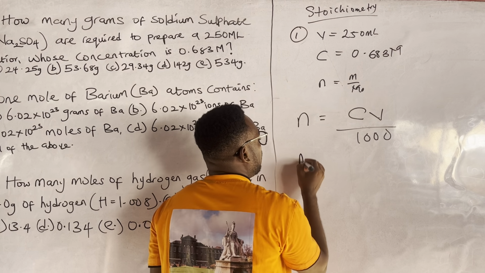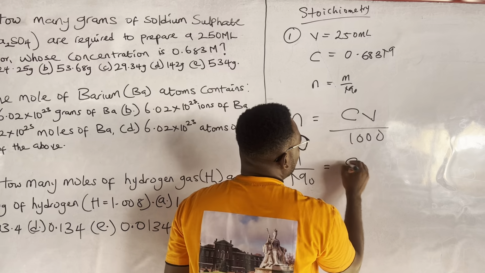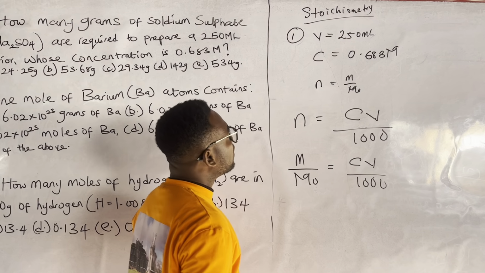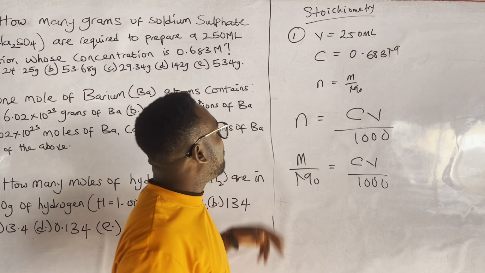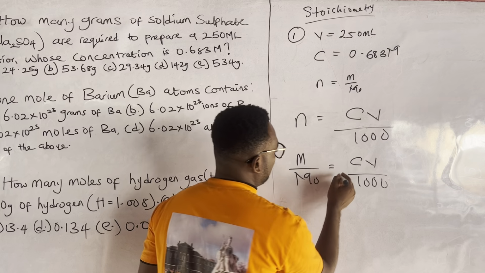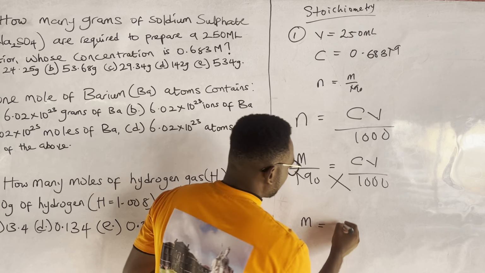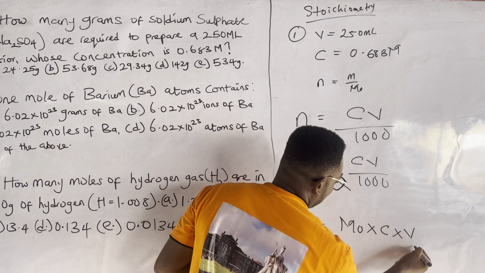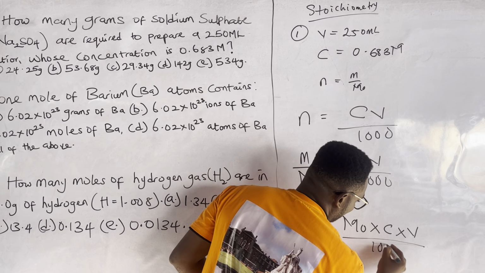So we have mass over molar mass is equal to CV divided by 1000. Now, mass is what we are looking for, so we can make mass the subject of the formula by cross multiplying. We will have mass equals molar mass multiplied by C multiplied by V, everything divided by 1000.